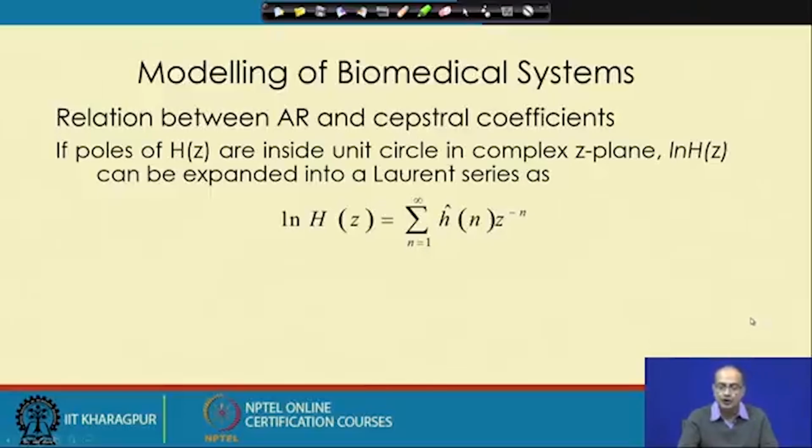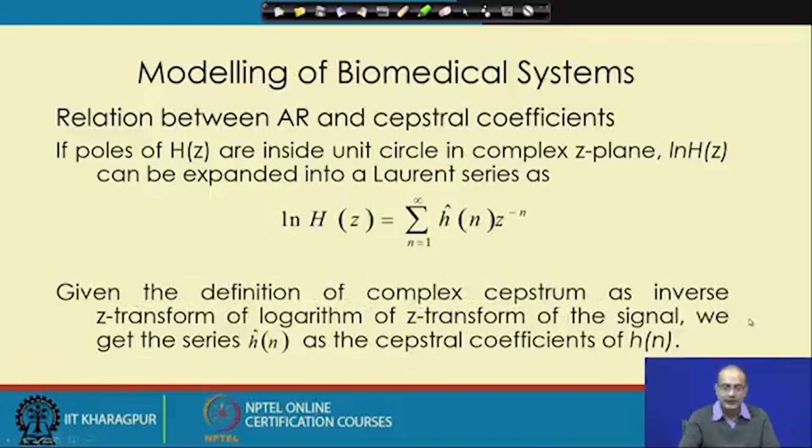If we take log on both sides, which is one of the things required to go to the cepstral domain, we get on the right-hand side some h hat n as the coefficients of the different orders of z to the power minus n.